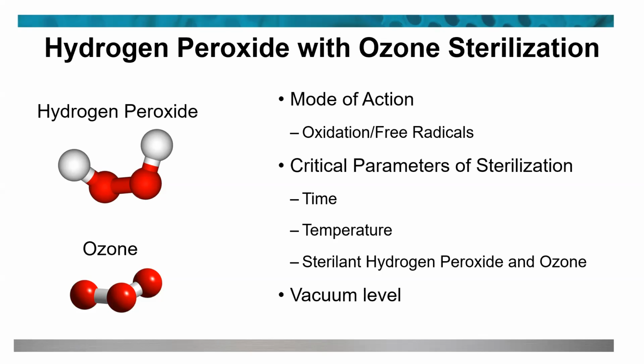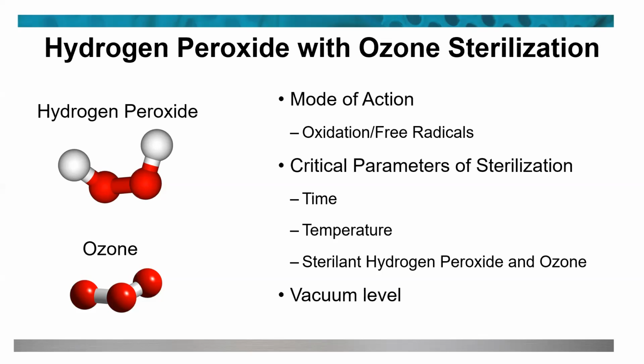The peroxide provides the oxidation process for the sterilization. When combined with the ozone, free radicals are created and attack DNA, RNA, and other critical macromolecules within the cycle.